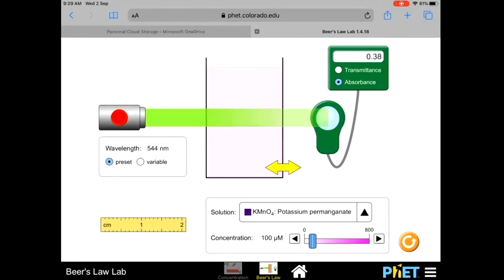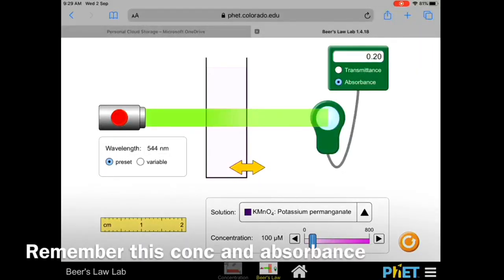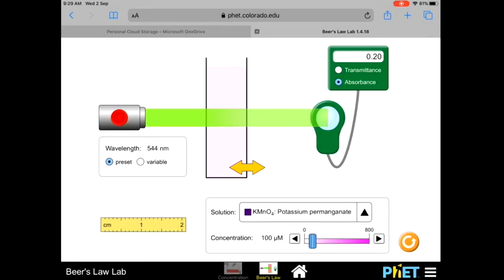So let's see another variable of it. I think you can observe it yourself. And to be a fair test in each case, use the same width of the container. And this time I changed the concentration of the solution below. And now it is 100 μM. Mu means 1 times 10 to the power negative 6. And I now make the concentration become higher. And you see the effects of it on the absorbance.